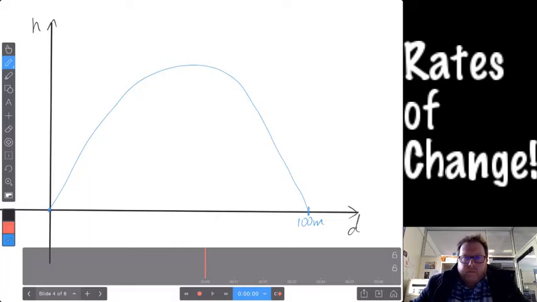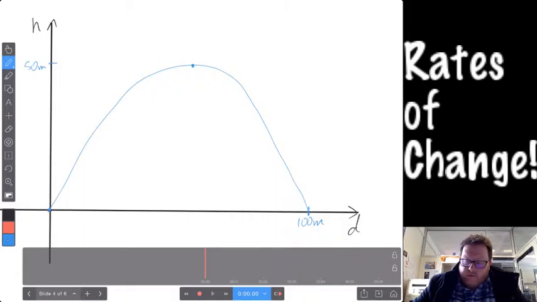Okay, so we can get other information from the graph to work out the function. So if we know, for example, that the height was 50 meters at its top, then we can work out what the function would be. Well, let's not work it out. I'll just give you the function.